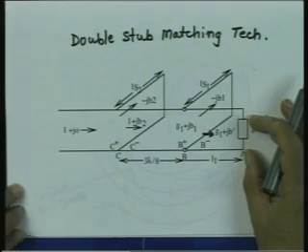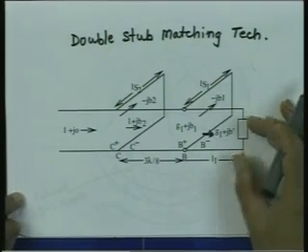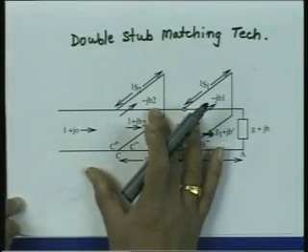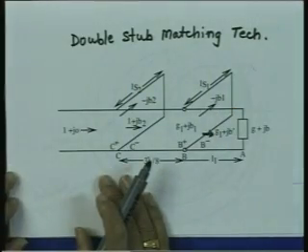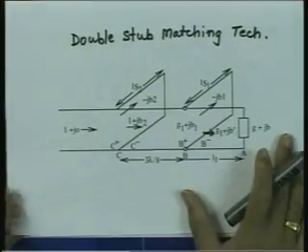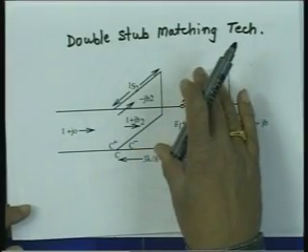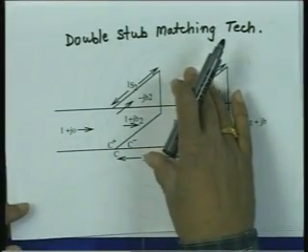So when the load impedance or admittance varies, just by changing the length of these stubs I can achieve the matching. This technique takes away the limitation of single stub matching, which had taken away the limitation of the quarter wave transformer. So, for a variable impedance or admittance environment, the double stub matching technique is an extremely useful technique.